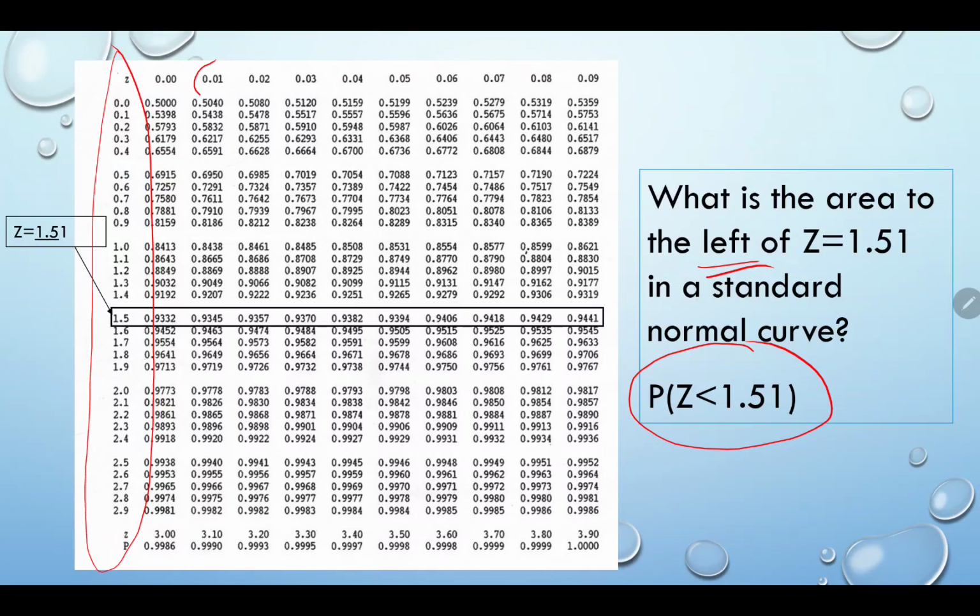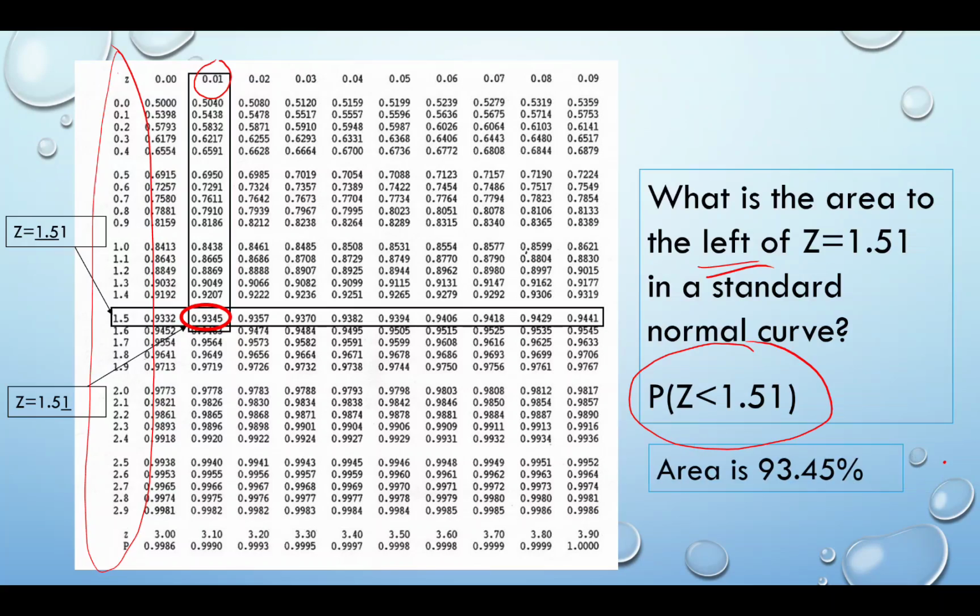So hanapin nyo dito yung 0.01. Iko-cross tabulate nyo lang yan. Tapos kung saan nyo makikita yung mismo intersection na yon, that's 93.45%. Kasi yun yung total area. Our area is 1. So in percentage, that's already 93.45%. That's the probability of the z less than 1.51.